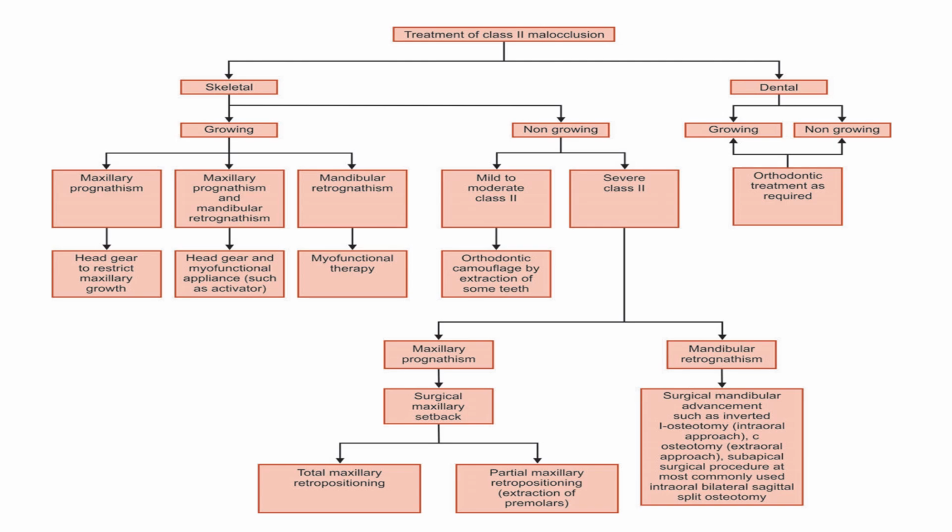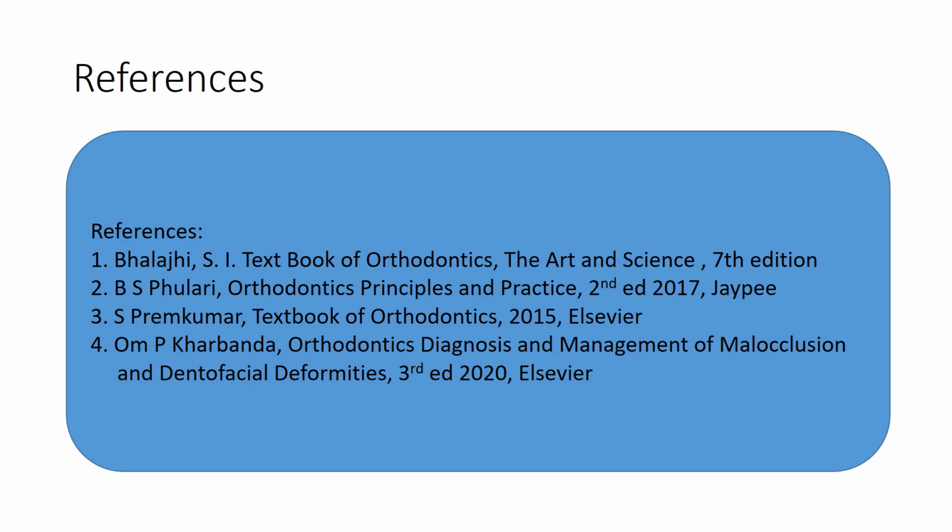Okay, in a severe class 2 skeletal pattern, then we will need to do a surgical correction, and again the type of surgical correction, whether single arch or bi-arch surgery, will depend on the nature of the skeletal problem, whether it is the maxilla, the mandible, or a combination of both. Okay, thank you.